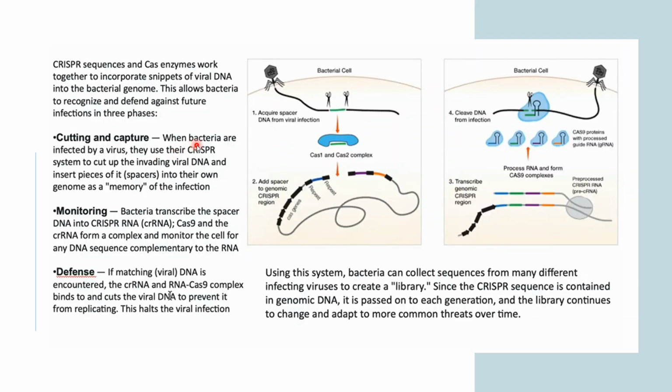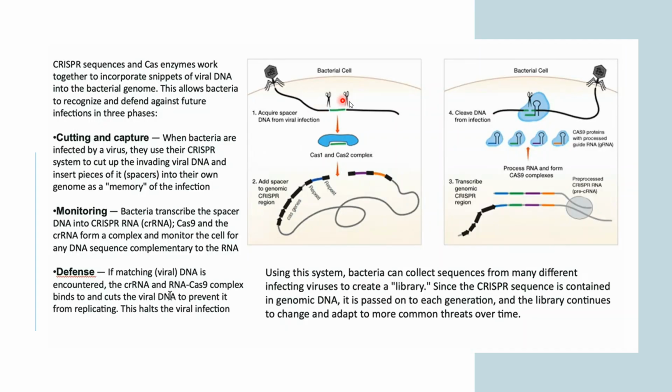CRISPR sequences have spaces in between, right? They use the CRISPR system to cut up the invading viral DNA. Whatever DNA the virus has, they cut that invading viral DNA and insert it in between the spaces.